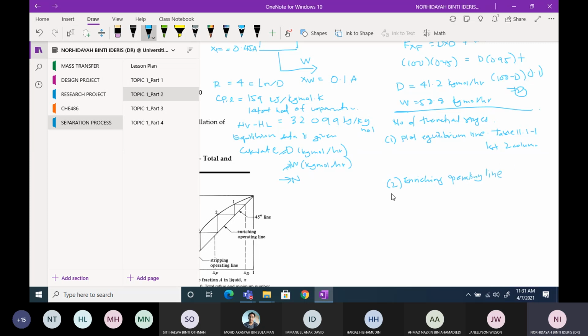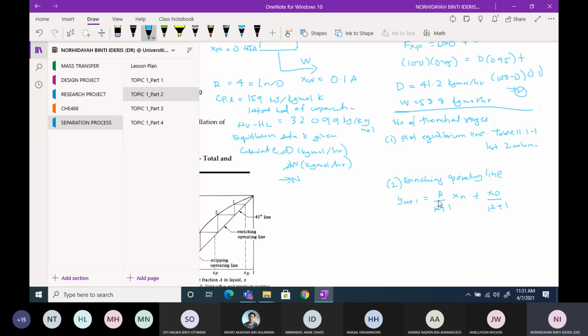All right, so you recall the equation y_{n+1} is equal to R over R plus 1 times x_n plus x_D over R plus 1.